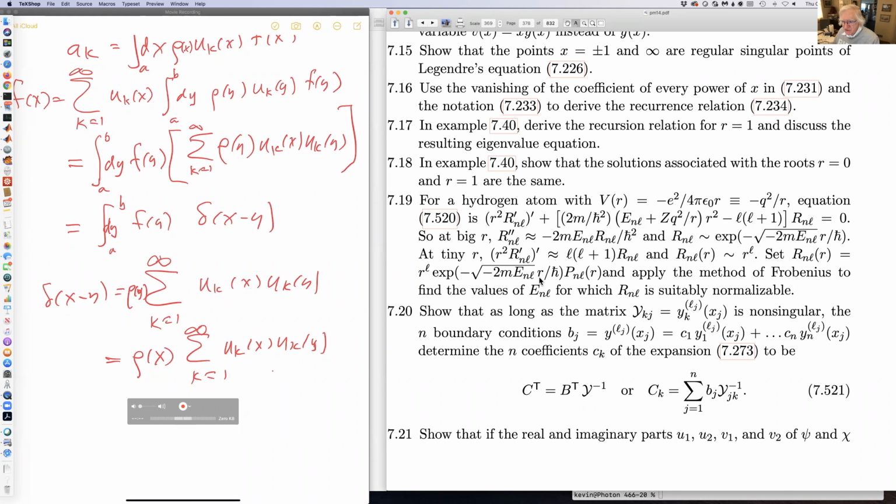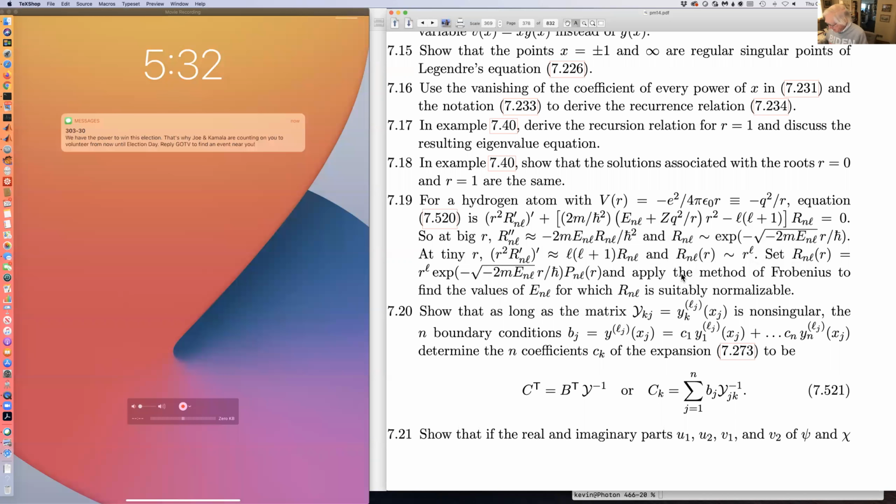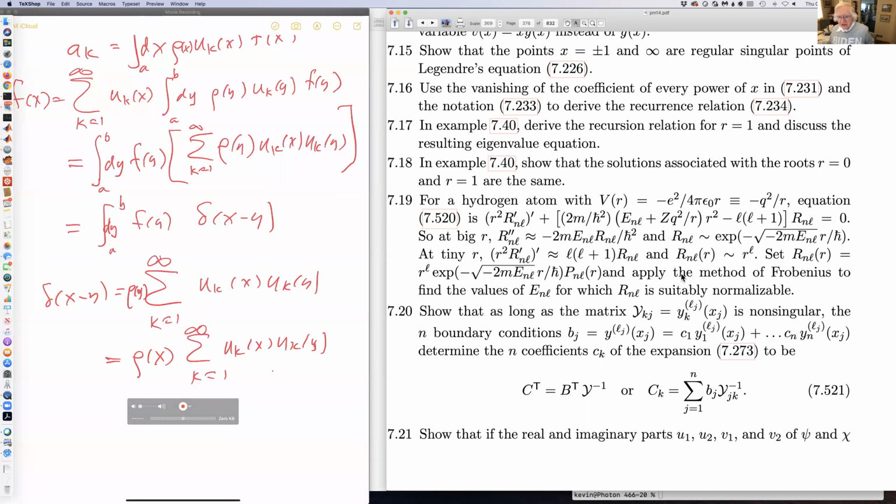Now what you're supposed to do is exactly what is stated in the problem. You're now supposed to apply the method of Frobenius to this differential equation, but with R_nl equal to all this.